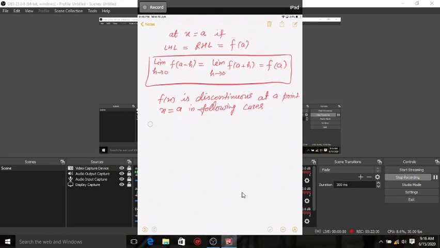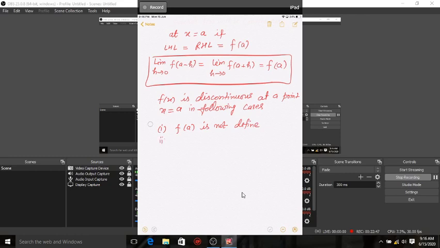The first one is f(a) is not defined, if at that point the function is not defined.